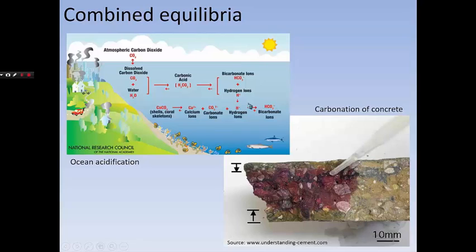Compared with the time before the Industrial Revolution, the hydrogen ion concentration has increased around 30% in the world's oceans. Other chemical reactions are triggered by this and result in a net decrease in the amount of carbonate ion available.